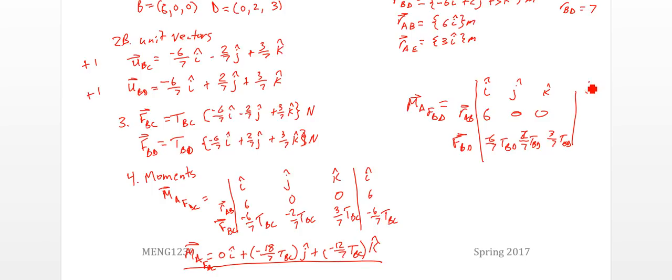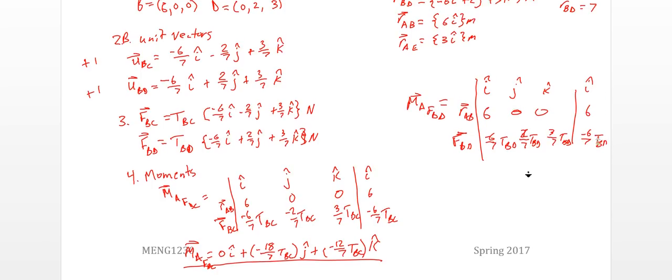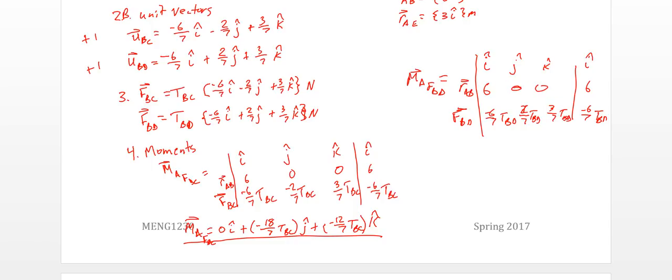Then copying that first column over again, 6, negative 6/7 tension BD. So here we go. Our i again is 0, and in j we have 0 times that minus 18/7 tension BD. And in k, we have 6 times 2/7, which is 12/7, minus 0, so plus 12/7 tension BD. And that's the moment around A due to BD.